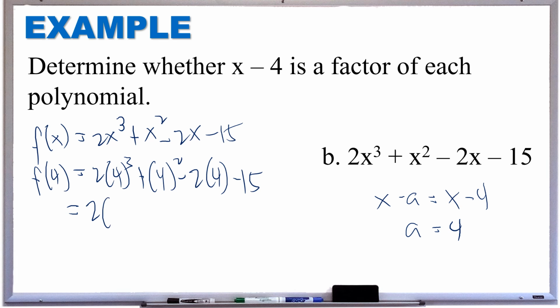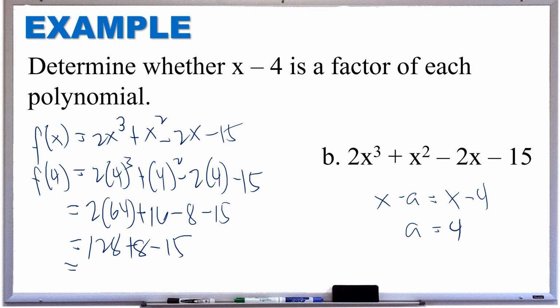So 2 times 4 cubed is 2 times 64. This is 16. This is negative 8. This is minus 15. 2 times 64 is 128. 16 minus 8 will give us 8, minus 15. 128 plus 8 is 136, minus 15.